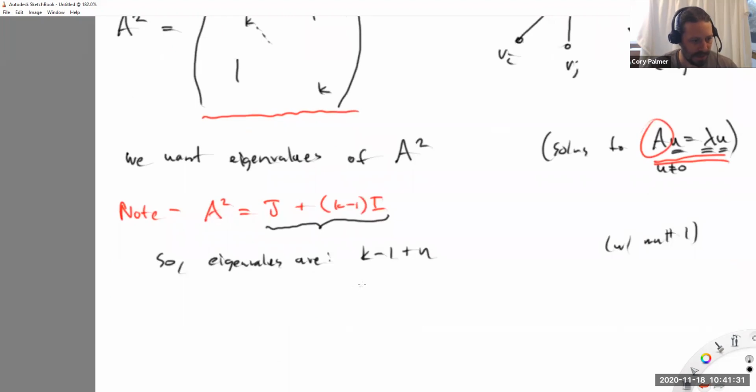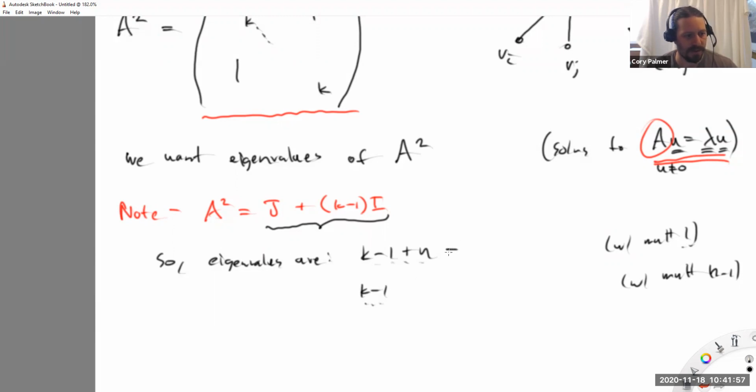And we get just k minus 1 with multiplicity n minus 1. There are as many eigenvalues here as the degree of the matrix, so there are n of them: n minus 1 copies of k minus 1, and then 1 copy of n plus k minus 1. That's not that hard to see. Actually, this one certainly is easy.